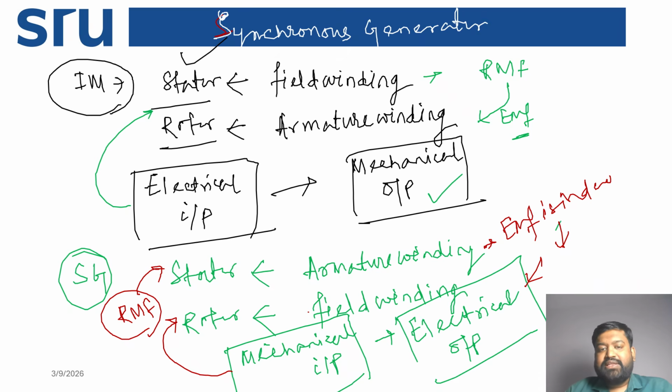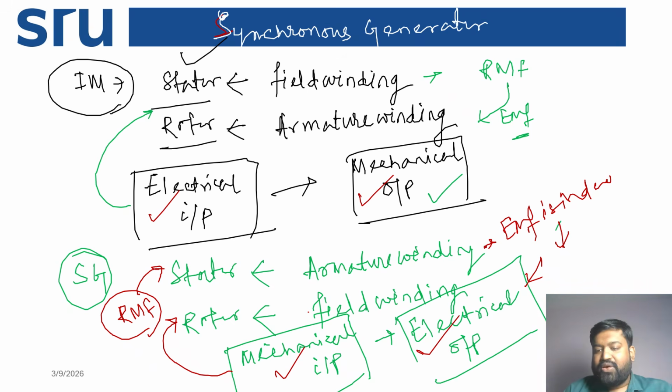You understand the process: you are giving some mechanical input and getting some electrical output, whereas here you give some electrical input and get some mechanical output. That is the basic difference between the synchronous generator and the induction motor.